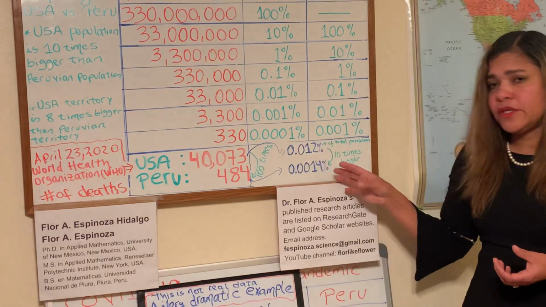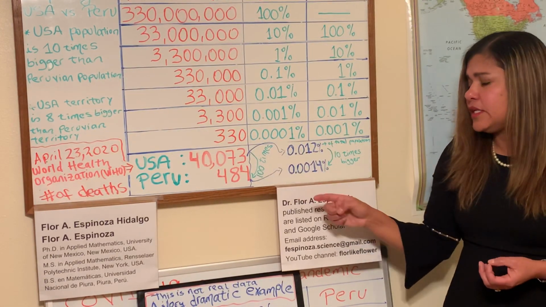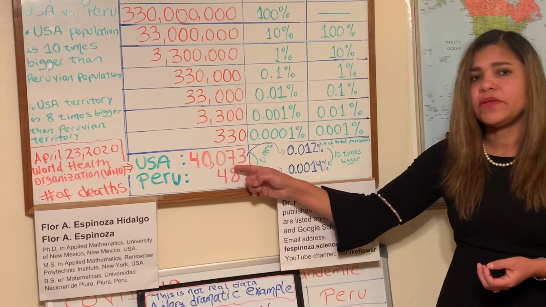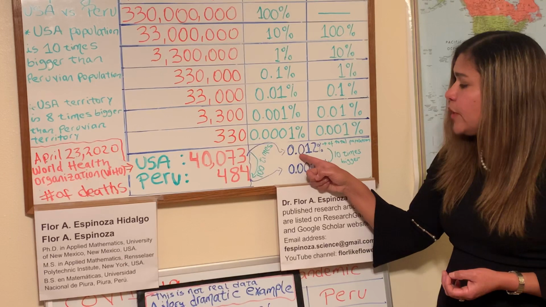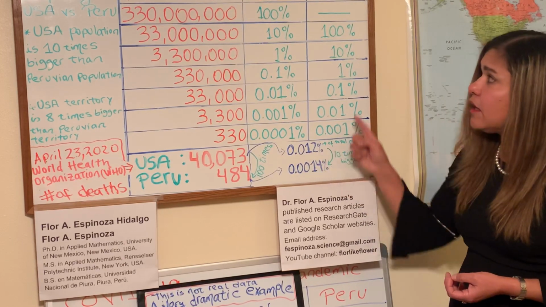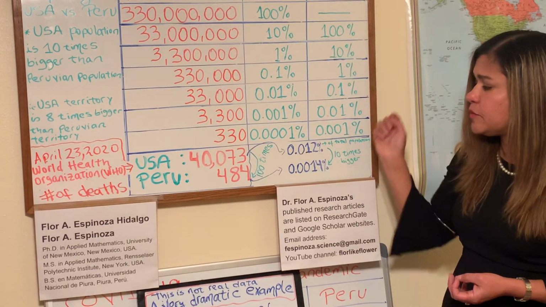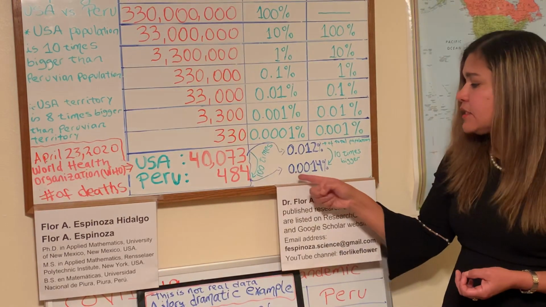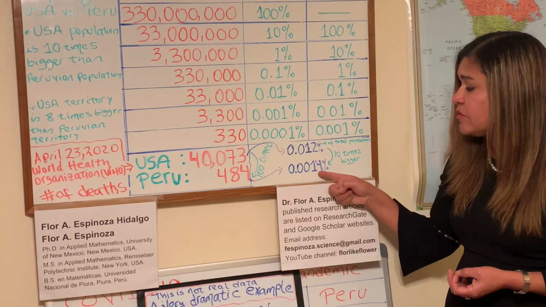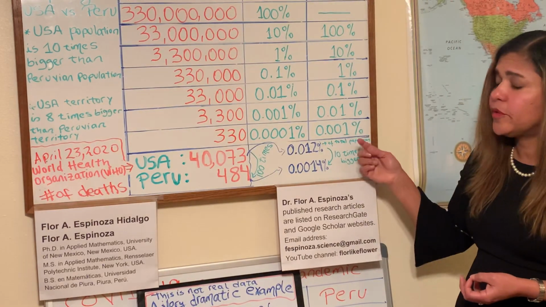Now, another way to compare these numbers is that 40,073 is equivalent to 0.012% of the total United States population, while the number 484 deaths is equivalent to 0.0014% of the total Peruvian population.